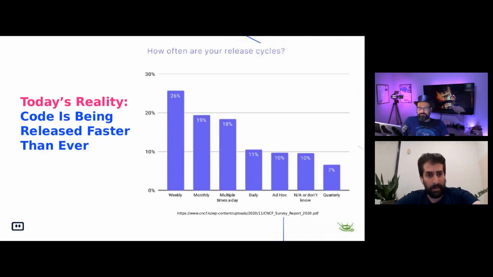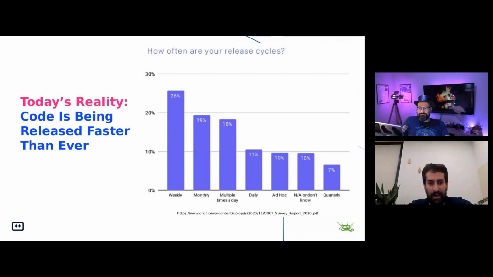So yeah, I think I don't need to tell anyone here that today's world looks very much different versus previous years. Deployment frequency is just going up. We see GitOps taking off in almost every organization. And we see how the KPI of mean time to deploy is getting smaller and smaller.